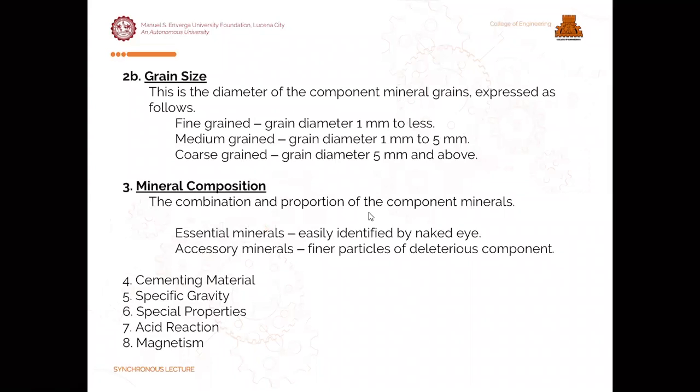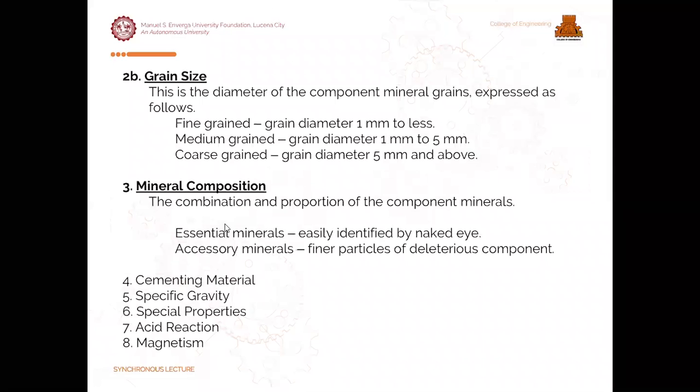Okay? So there are some combinations and proportions of component minerals, like the essential minerals that can be seen by the naked eye, and also the accessory minerals which have fine particles of deleterious components.